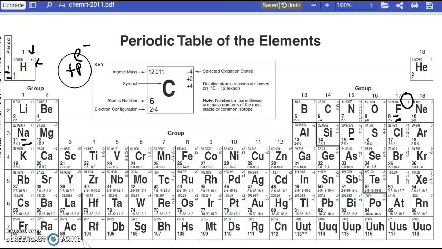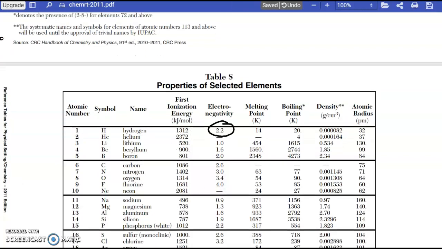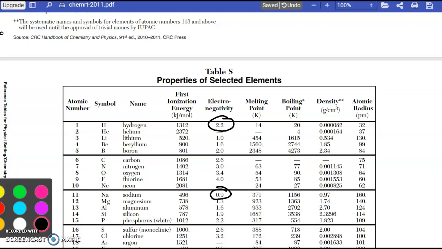Okay, so now I'm going to bond sodium with hydrogen. And when I do that, and I look at electronegativity values, we're no longer looking at fluorine. We're only going to look at hydrogen with sodium. Sodium is right here. So now hydrogen's actually the more electronegative one.